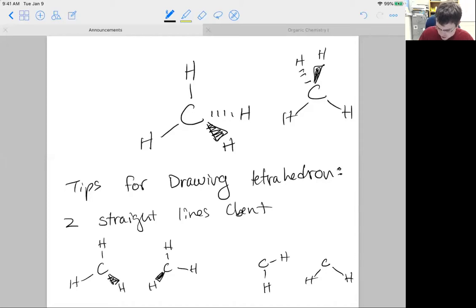In this case, we're using hydrogens, but it could be anything. The wedge is going to split the space between those two lines. And then we just add a dash offset from the wedge. The wedge is more important. The dash just fits in there. We know that in reality, the wedge and the dash are directly on top of each other. So that's me drawing a tetrahedron.